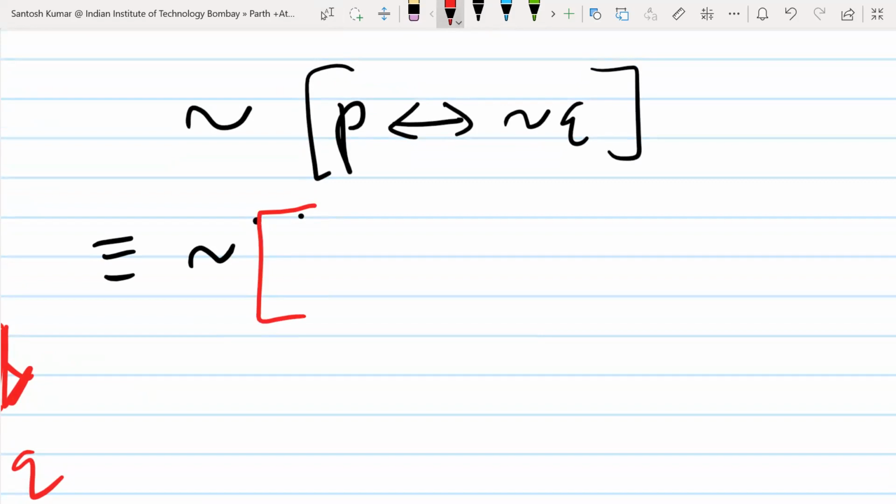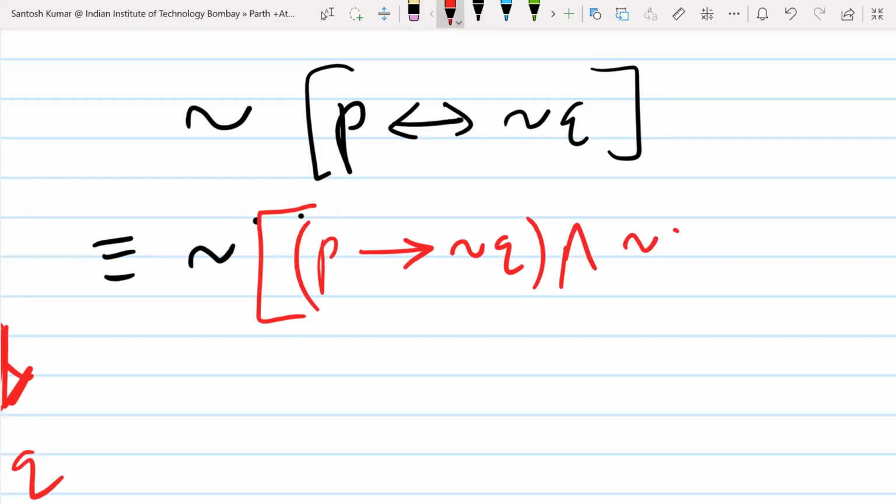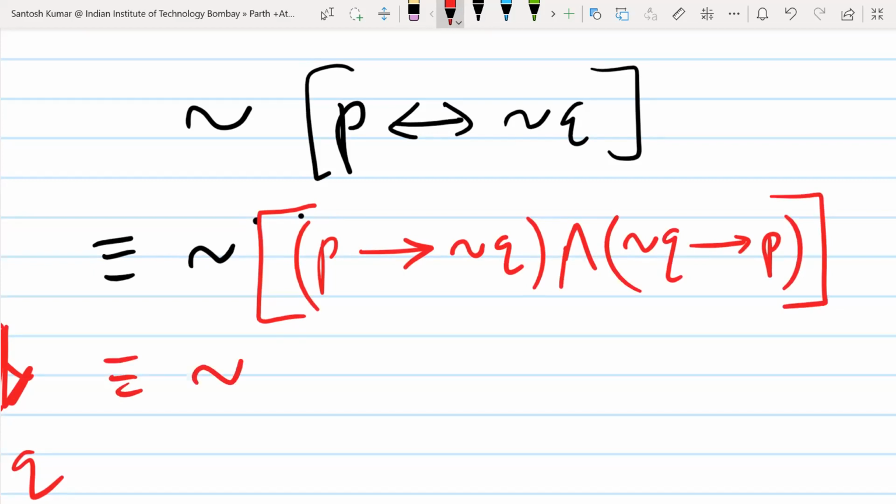P if and only if not Q is equivalent to P implies not Q and not Q implies P, because P if and only if Q is equivalent to P implies Q and Q implies P. So now we can apply the negation here.